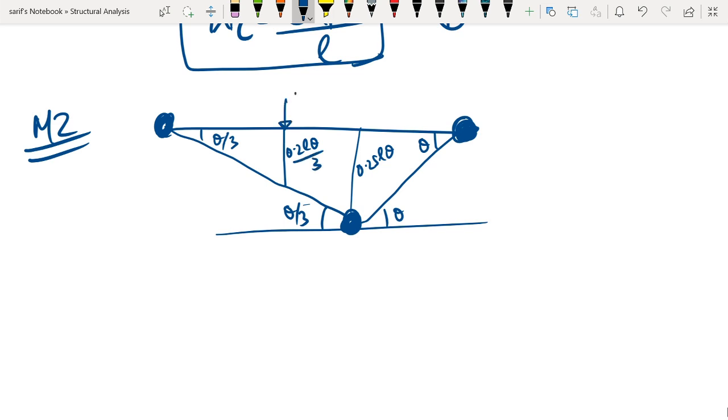The load here is 1.25 W and the load here is W. So this will be the plastic hinge mechanism for mechanism number 2.